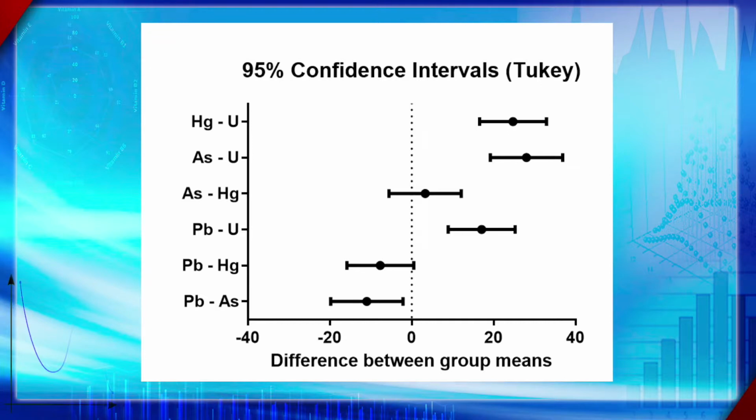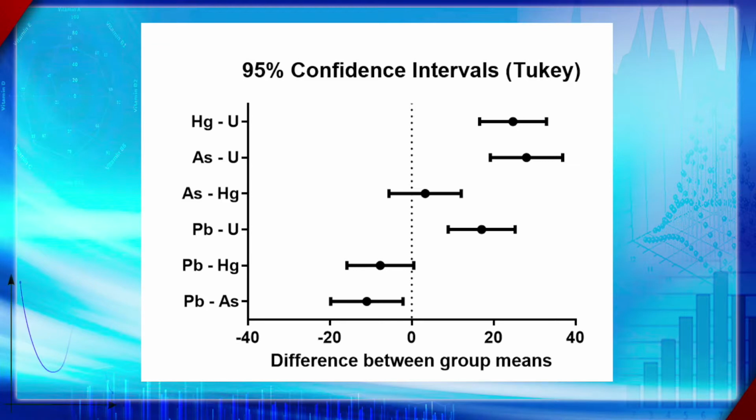Does the 95% confidence interval include that null hypothesis or not? That is the question. In the case of mercury versus uranium, the first one, no. The second one is arsenic versus uranium, also no. The third one, arsenic versus mercury, yes. The confidence interval, that is the error bar, also includes the dashed line. So that means that for arsenic versus mercury, the differences are not statistically significant.